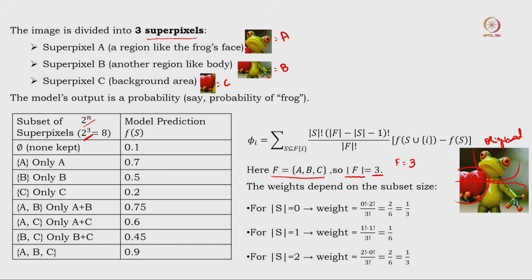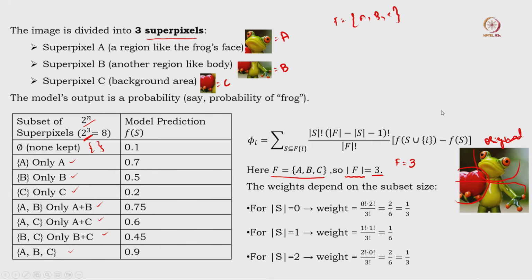So, totally 8 different subsets we have to create. When F is equal to {A, B, C}, the possible subsets are: the null set, where nothing is considered, then A, B, C, then AB, AC, BC, and the last set is ABC. So, these are the possible subsets.